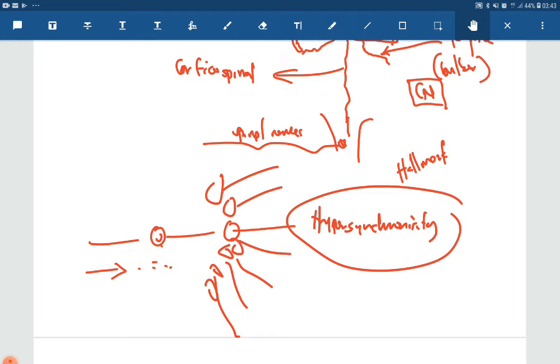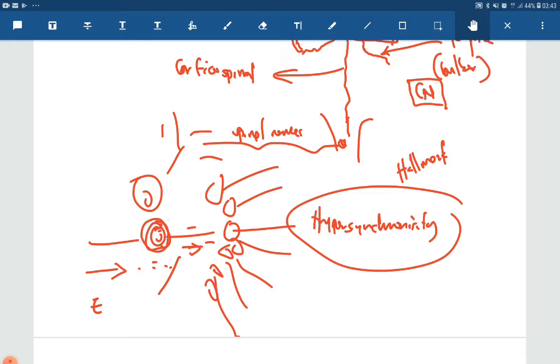The second is the fact that you have excessive discharge from this focal neuron, or the focal neurons, as the case may be. These focal neurons are able to trigger several other parts, but they also have excessive discharge themselves. This excessive discharge is the second hallmark of seizure.